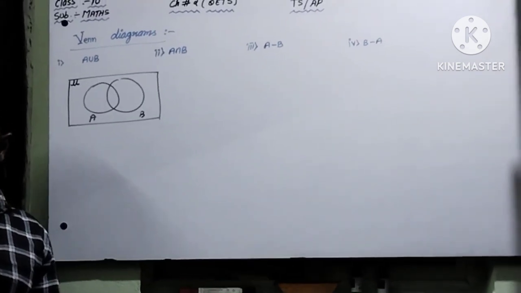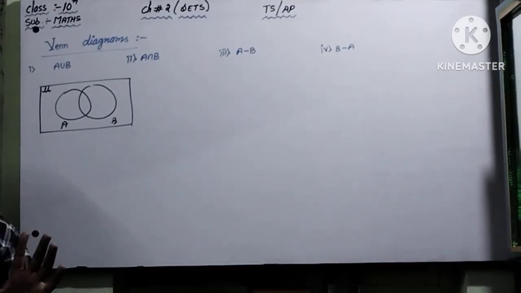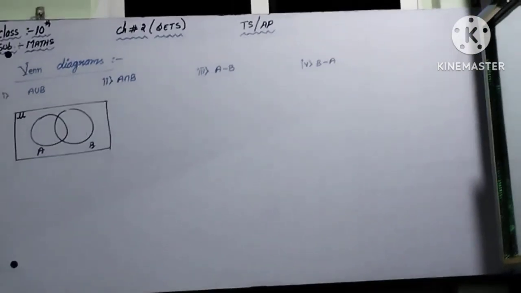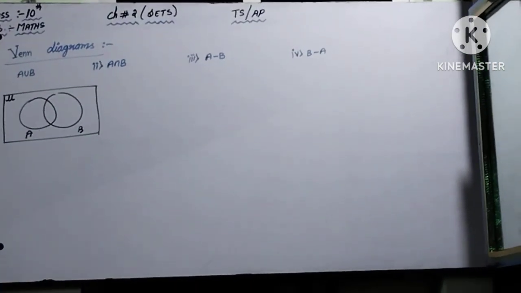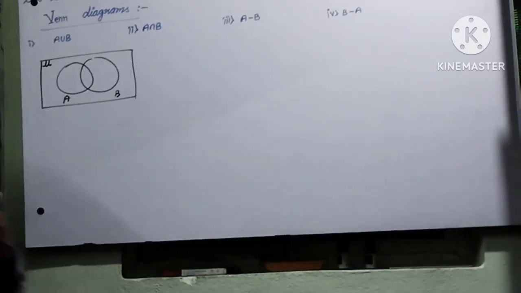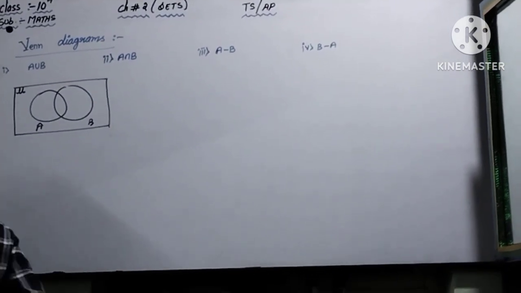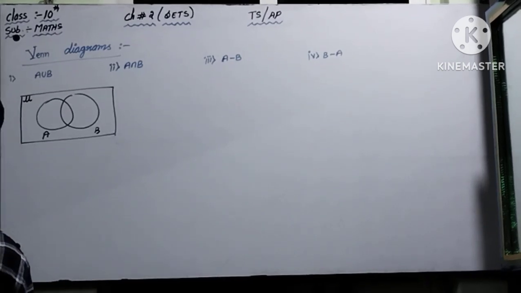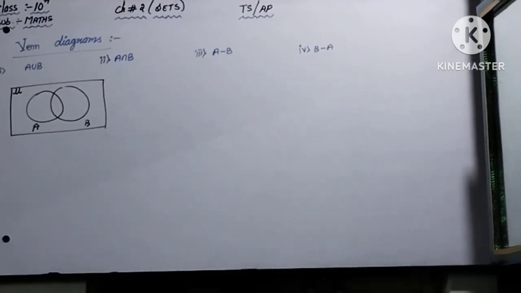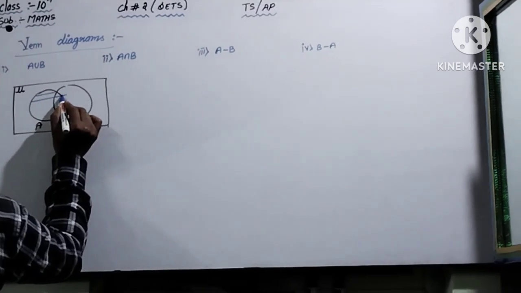If common elements are in both set A and set B, we write them only one time, not two or three times. All elements of set A and all elements of set B.